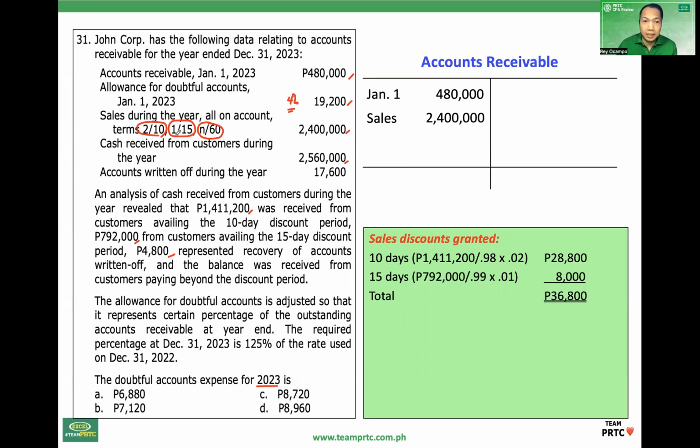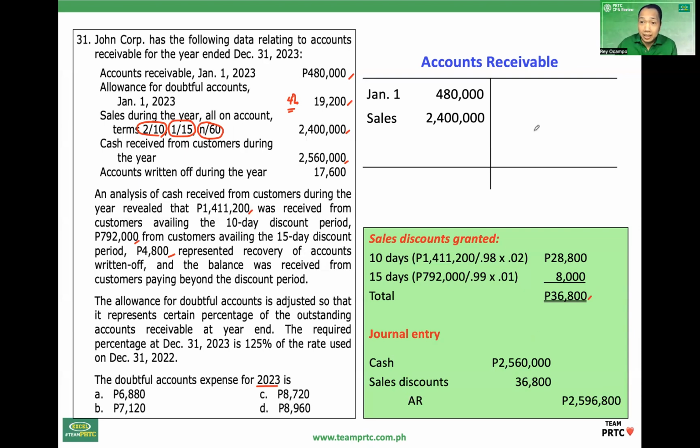Journal entry to record all collections. Lahat na ito nang nakolekta. Debit cash, total amount received, 2,560,000. So net yan nung discount. Kaya debit sales discounts as computed earlier. Then yung total, credit accounts receivable.